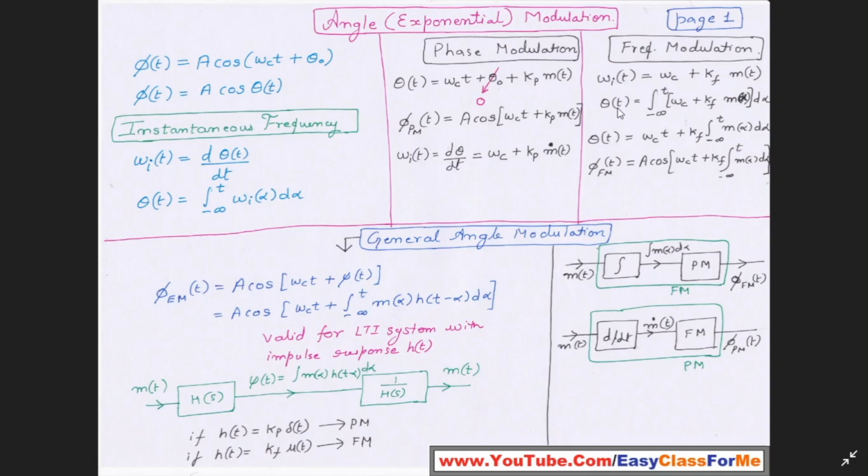So this is instantaneous frequency. If you want to get the complete angle, you have to integrate it from minus infinity to t, and this complete thing will be integrated and you will obtain this equation. So we can write the equation of the frequency modulated waveform in time domain as A cos and this complete angle here. Here you see that there is an integral term, and we need to integrate this message function from minus infinity to t.